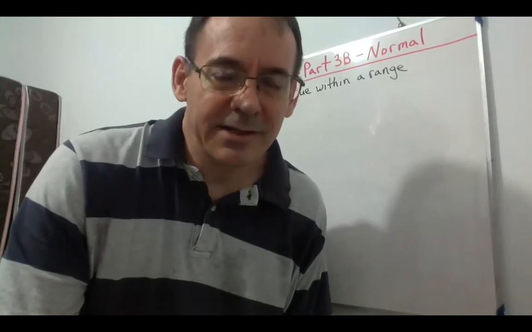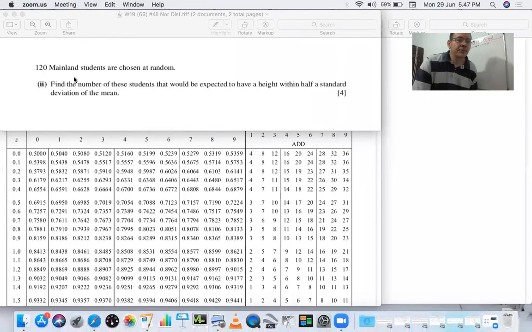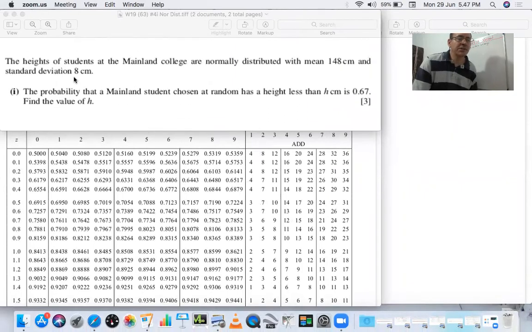Okay, let's look at the next question here. Notice if we go down to the main question, it says the heights of students at the mainland college are normally distributed with a mean of 148 centimeters and a standard deviation of 8. The probability that a mainland student chosen at random has a height less than h centimeters is 0.67.